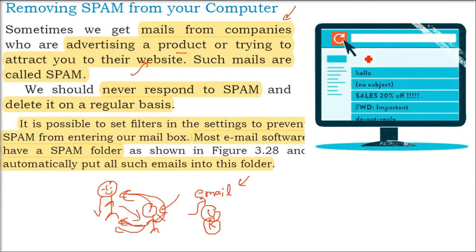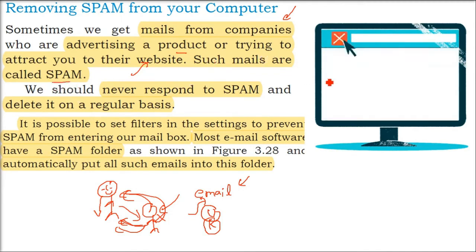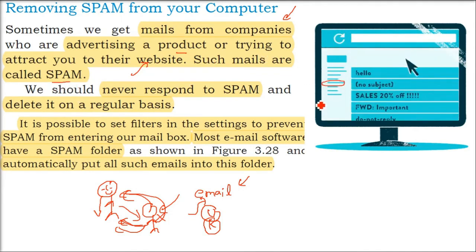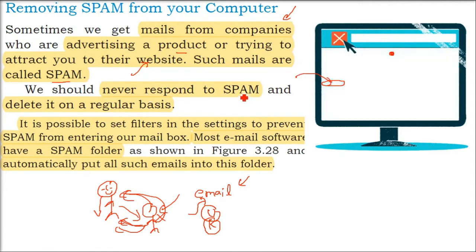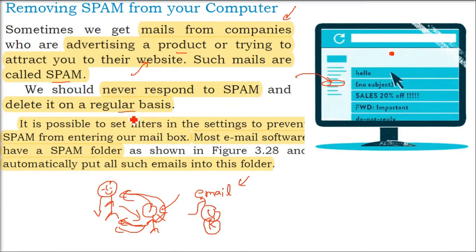If somebody is calling on your phone, you can just cut that call or block it. Similarly, that can be done with email using the spam folder. All such emails can be marked as spam. You will not be dealing with that email again, because it will always go into spam. It is always possible to set filters in the settings in order to stop this.